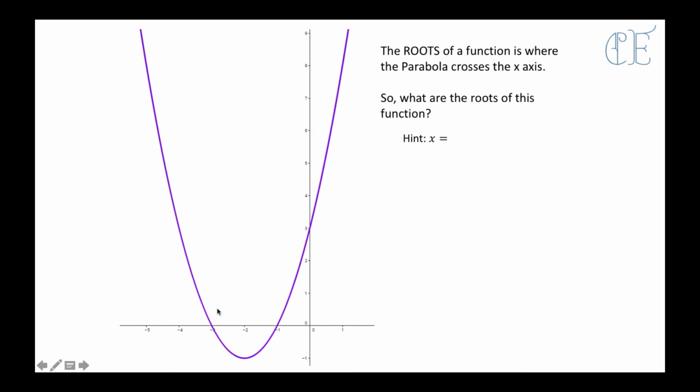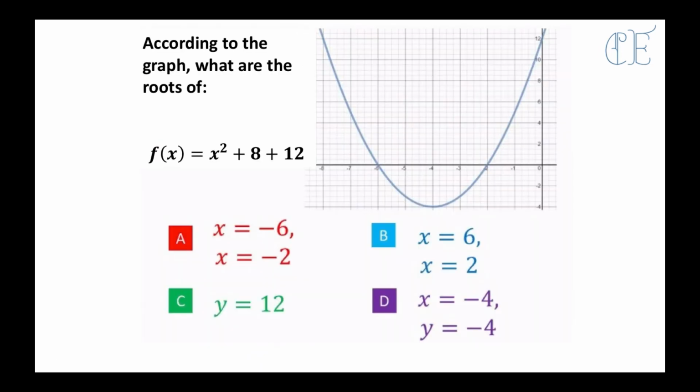So what are the roots of this function? Well, if we go across, we can see that the line hits the x-axis at minus 1 and minus 3. So that is the answer to our quadratic equation. X minus 3 and x minus 1 in brackets. So you've solved the equation without having to factorise it, just by looking at the graph, and you'll be asked to do this in your exam.